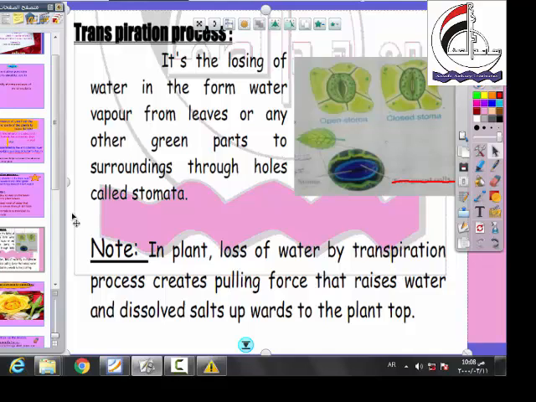This note is very important: in the plant, loss of water by transpiration process creates a boiling force, a large suction, that raises water and dissolved salt upward to the plant top, from the stem to other parts of the plant.